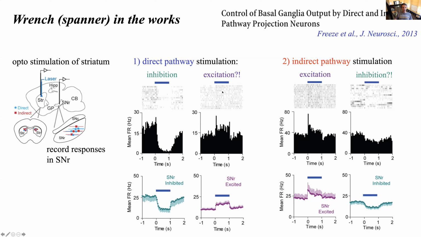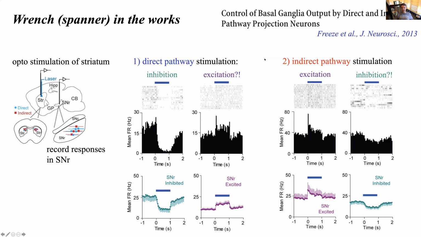However, they also saw that with the same sort of optostimulation, some of the SNR cells responded with excitation. So here we see the firing rates are going up, completely counter to what we would think of from an inhibitory pathway. Similarly, from the indirect pathway, we expect a net excitation because we're removing inhibition from GPE and we're causing firing from STN.